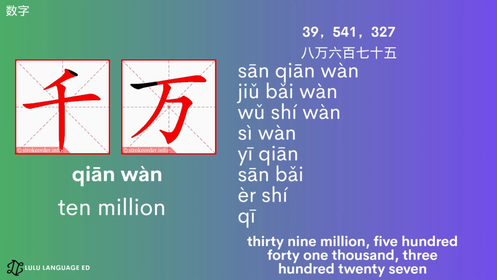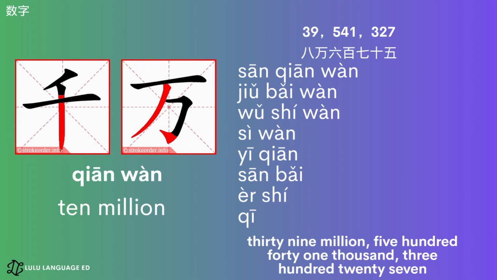So 30 million in Chinese. 3,000,000. 9 million, 900,000. 500,000, 50,000. 40,000, 4,000,000.